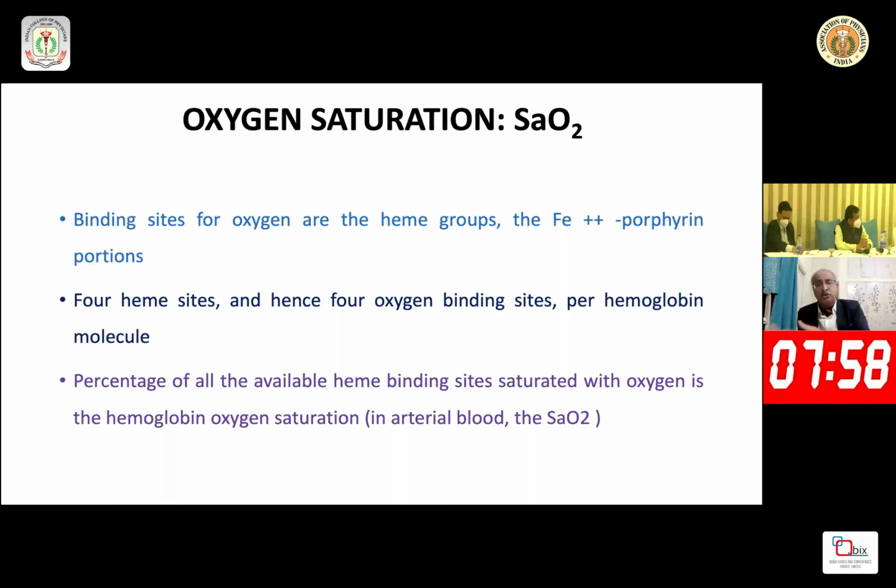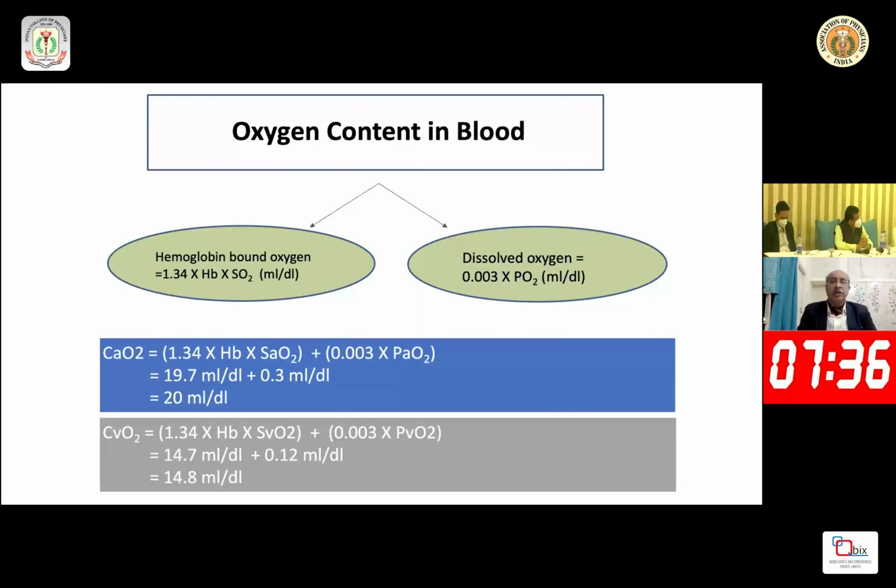What is SpO2? SaO2 means saturation of arterial oxygen. If I put P, this is a non-invasive measure, saturation by pulse oximetry. That's how we differentiate. These terminologies are important, but to measure SaO2, we need blood taken from the arteries, or oximetry techniques.